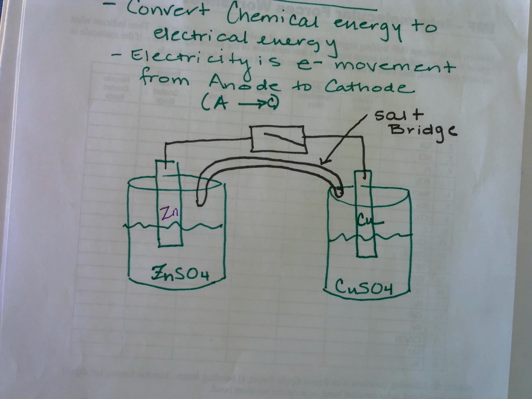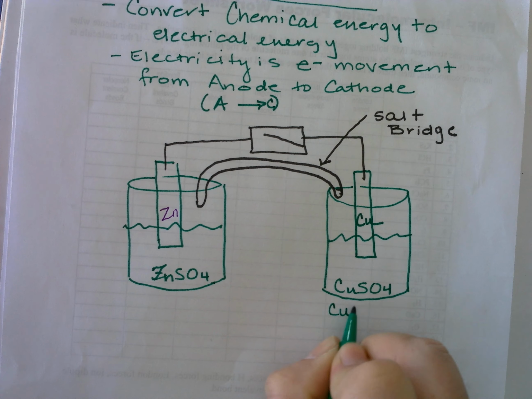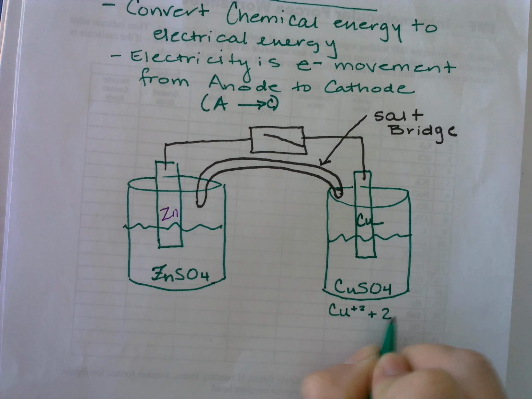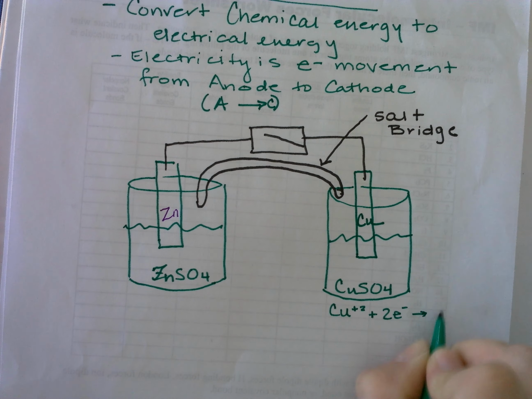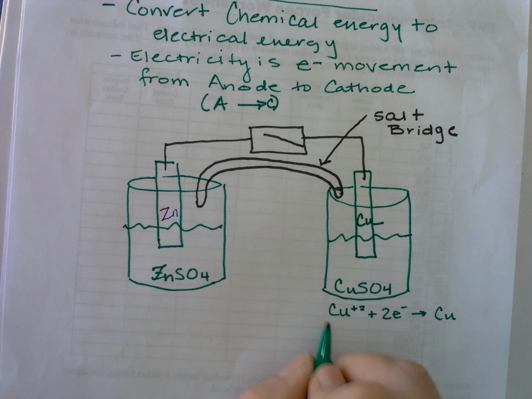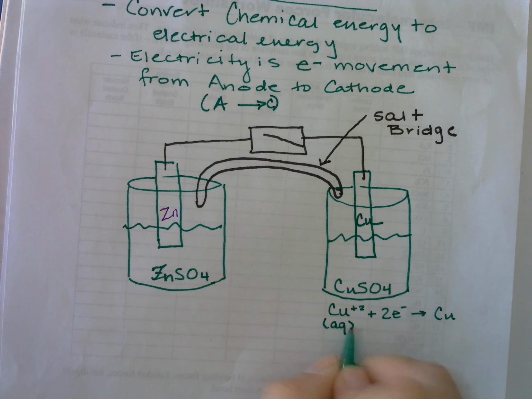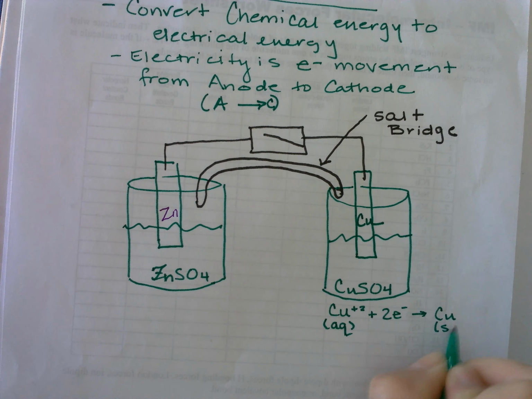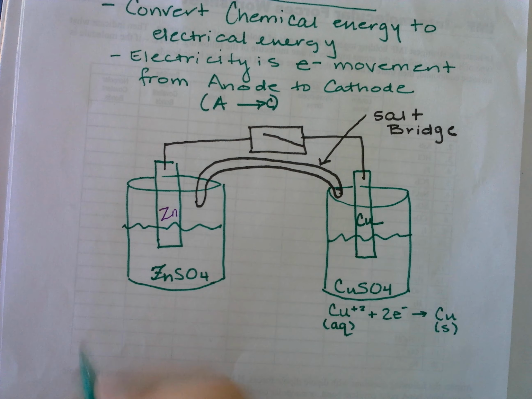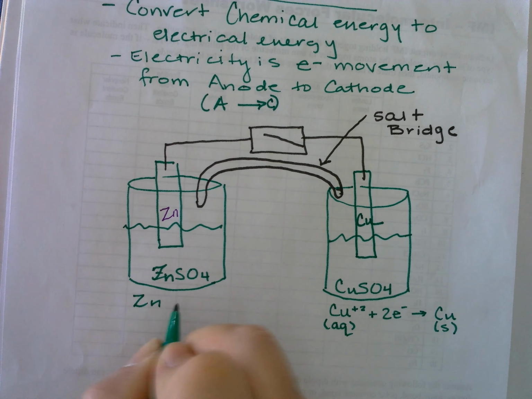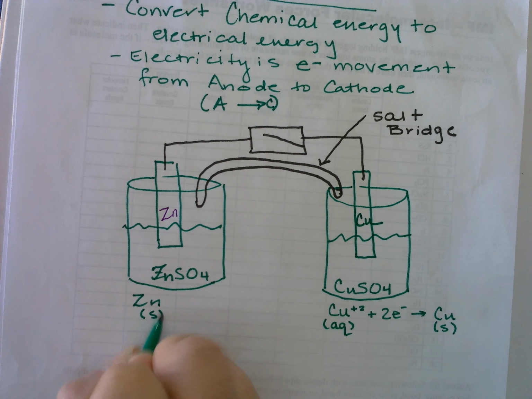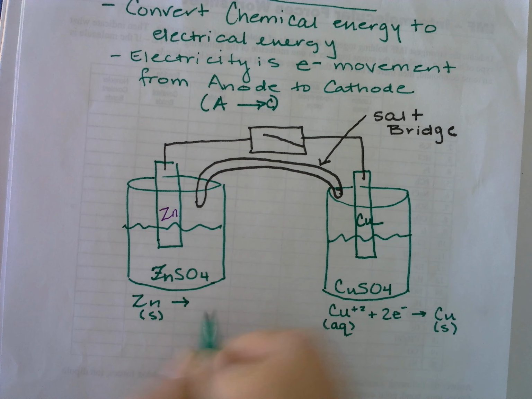Now, copper likes to gain electrons, which we will talk about how we know later. So our reaction here is going to be Cu2+ (aqueous) plus 2 electrons yields Cu (solid). Zinc likes to get rid of electrons, so over here we have Zn solid, and it's going to give away electrons.